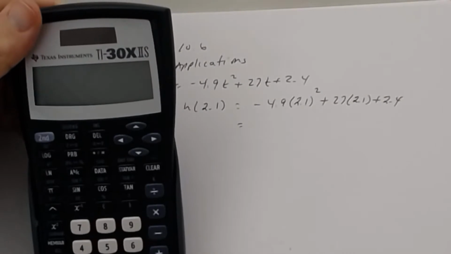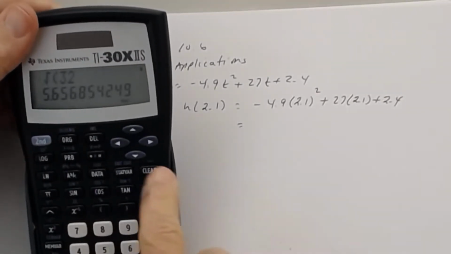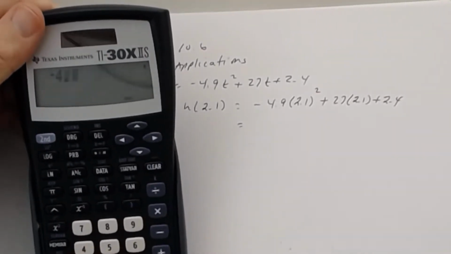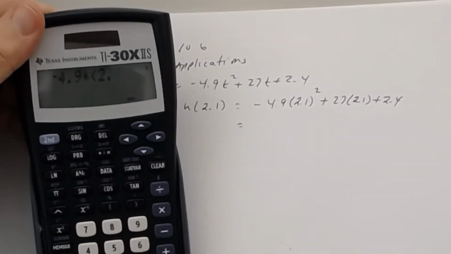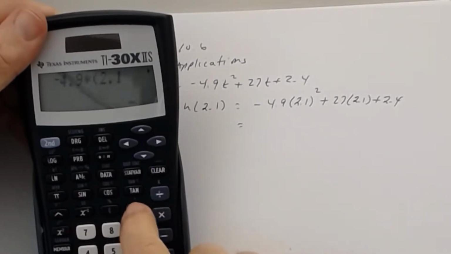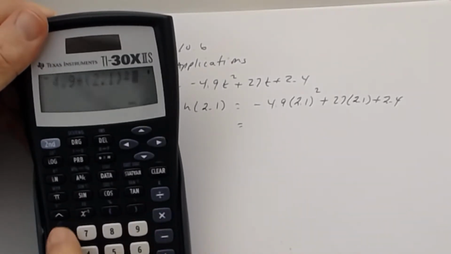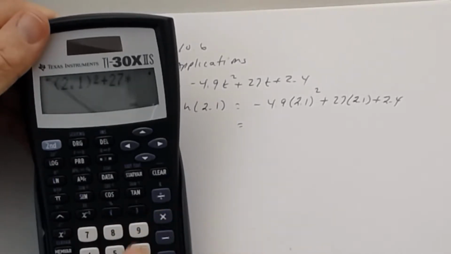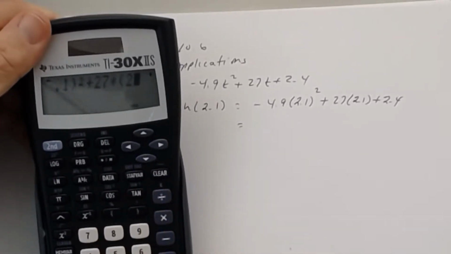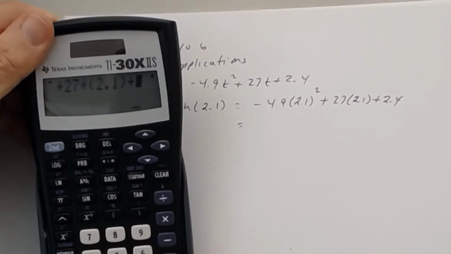And so I have negative 4.9 times in parentheses 2.1, close the parentheses, and I'm squaring it, plus 27 times in parentheses 2.1, close parentheses, and then plus 2.4.